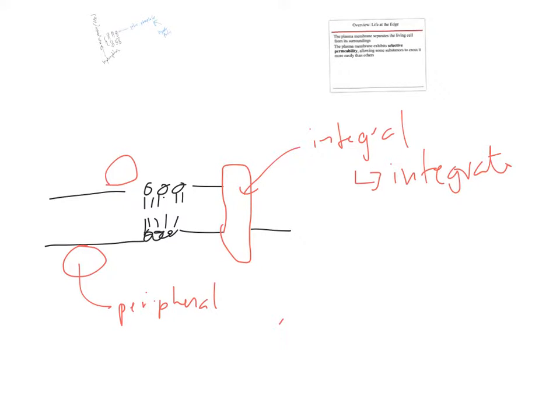All right. And there are other parts to this. We also have a lot, especially on the outside, the cell membrane has what's called the glycocalyx. Right? These are chains of carbohydrates.